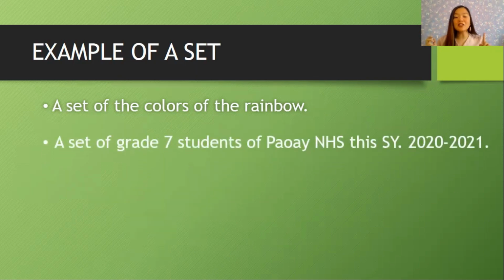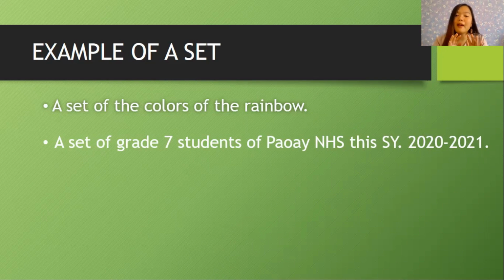Next, a set of grade 7 students of Paoay National High School this 2020-2021. Kung sinabi sana na a set of grade 7 students, then it is hard for us to count. So, pag wala yung of Paoay National High School this school year, meaning, pag a set of grade 7 students lang yung sinabi, it is not well-defined.